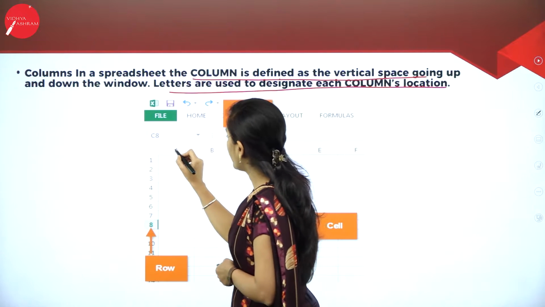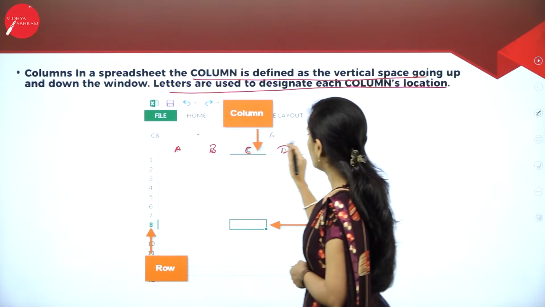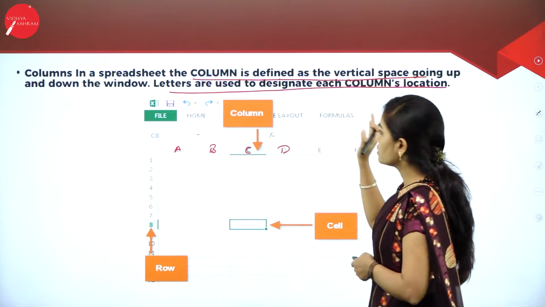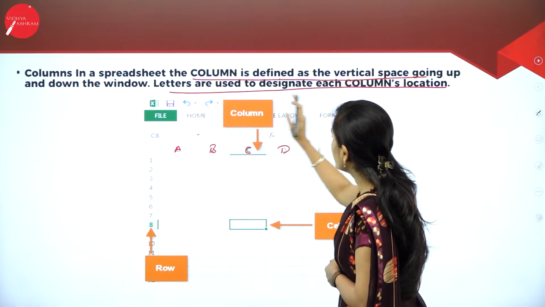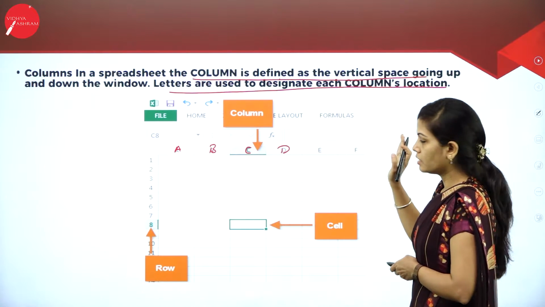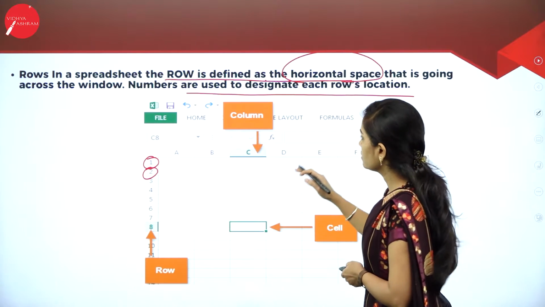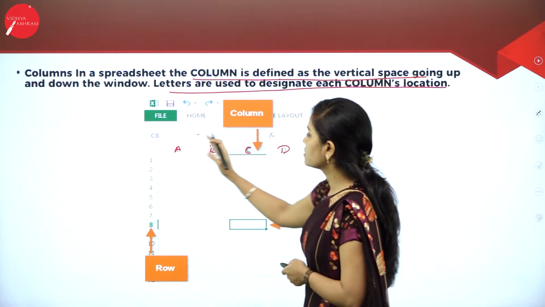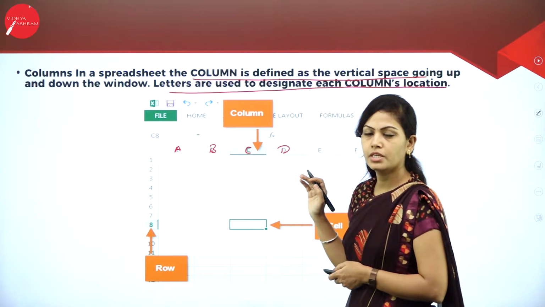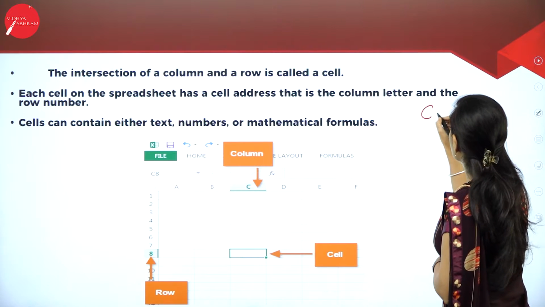Here you have A, B, C, D, E, F, G, H. Clear? So we have a number of rows, and columns are designated in alphabetical order. And the next very important question is, what is a cell?